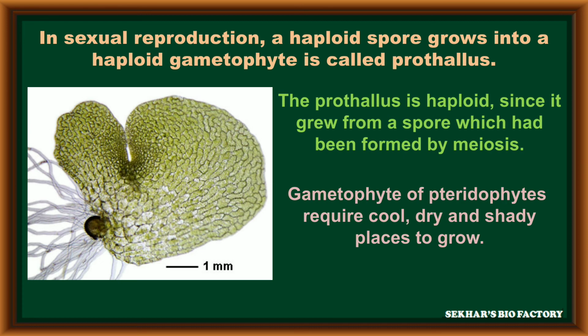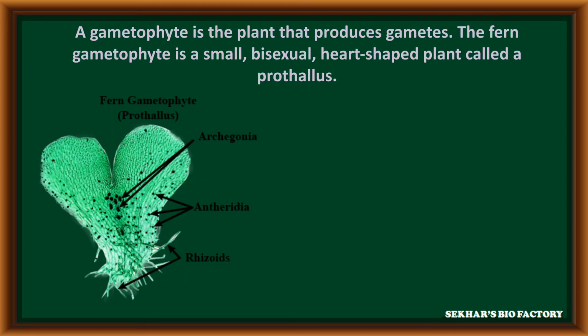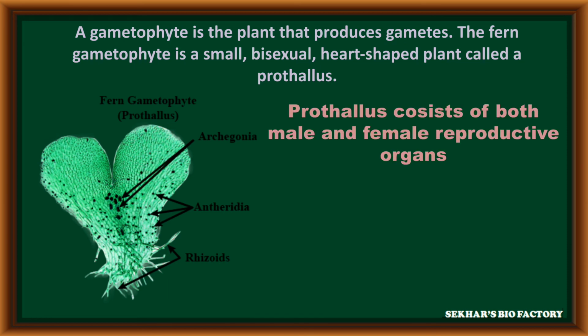This gametophyte of pteridophytes needs cool, damp and shady places to grow. A gametophyte is the plant that produces gametes. The fern gametophyte is a small, bisexual, heart-shaped structure. It is called a prothallus.